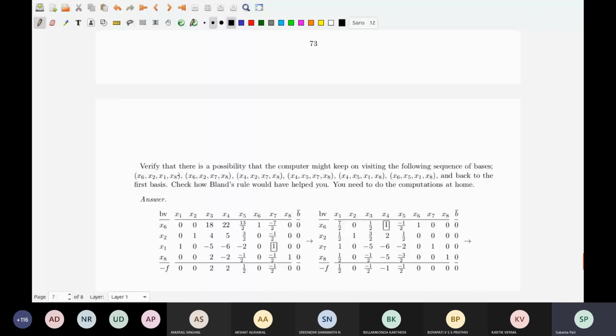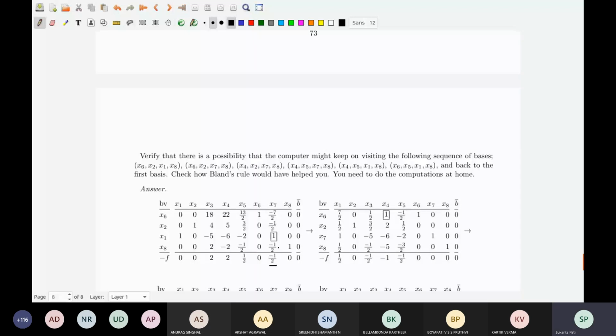In this simplex table, you have only one negative entry, and in that column you have only one positive entry. So the first conversion is forced. You don't have any choice here.